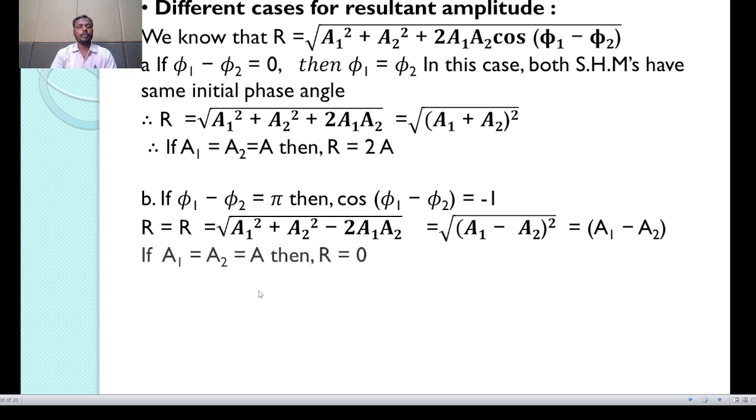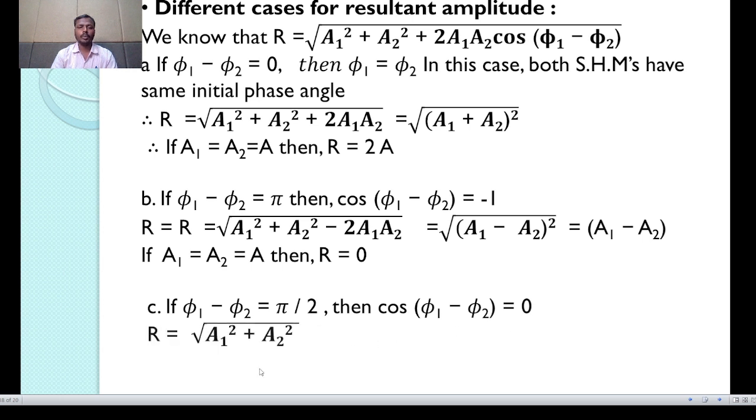If a1 and a2 are both the same, then the resultant amplitude is 0. Now the third case, if phi 1 minus phi 2 is equal to pi by 2, cos pi by 2 is 0, we get resultant amplitude r is equal to the square root of a1 square plus a2 square. If a1 and a2 are both the same, then the resultant amplitude r is equal to root 2 a.